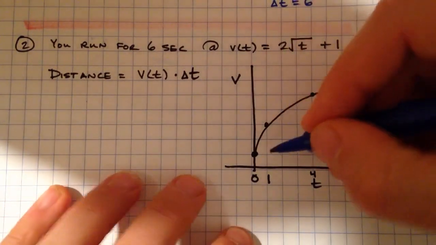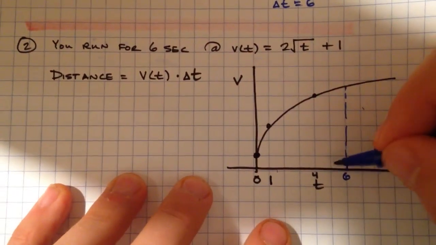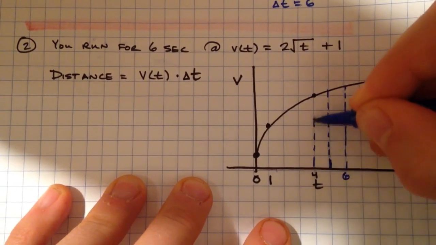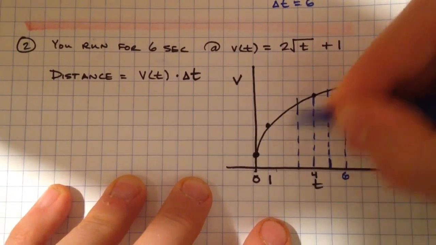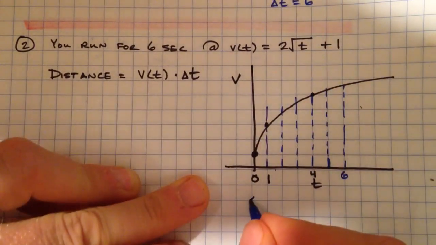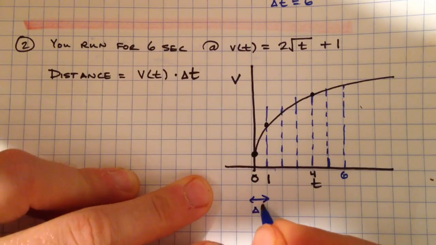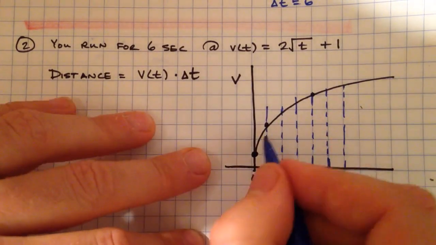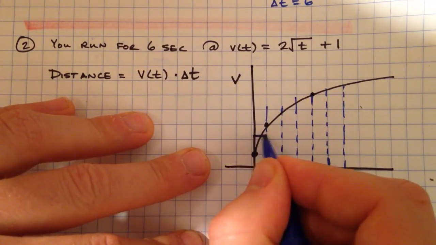The thing is, since we don't know how to find the area of this, what I'm going to do instead is I'm going to break it up into little sections so that each section has a width of 1. And then I'm going to put a cap on each one of them.